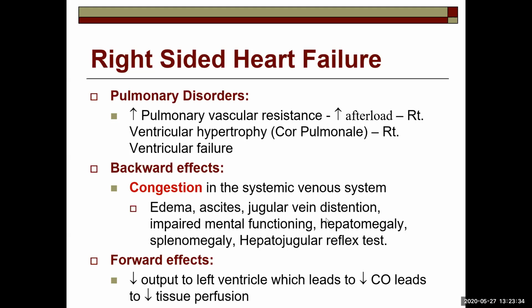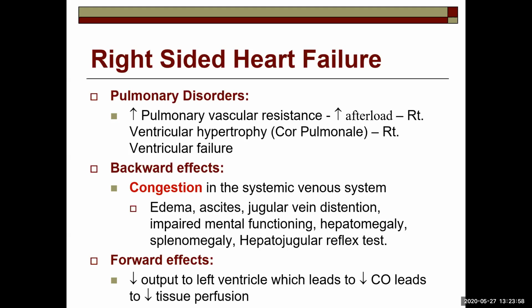Jugular vein distension. Because of the backflow, eventually your veins, the jugular veins, will be distended because you have backflow going into the veins. So hepatomegaly, enlargement of the liver, impaired mental functioning because you're not getting enough oxygen going into your tissue.